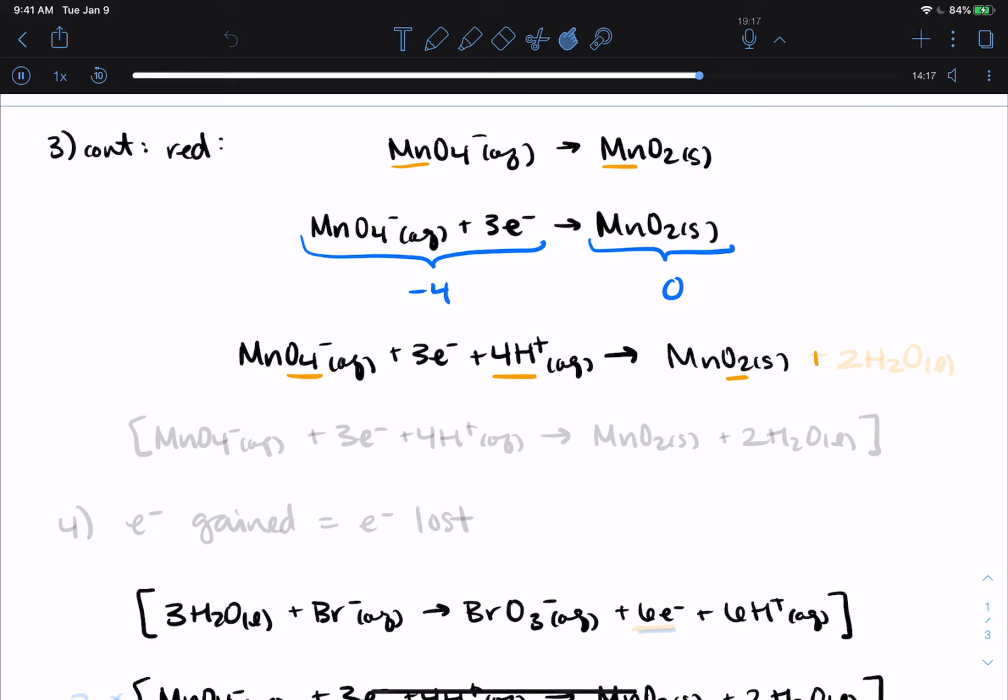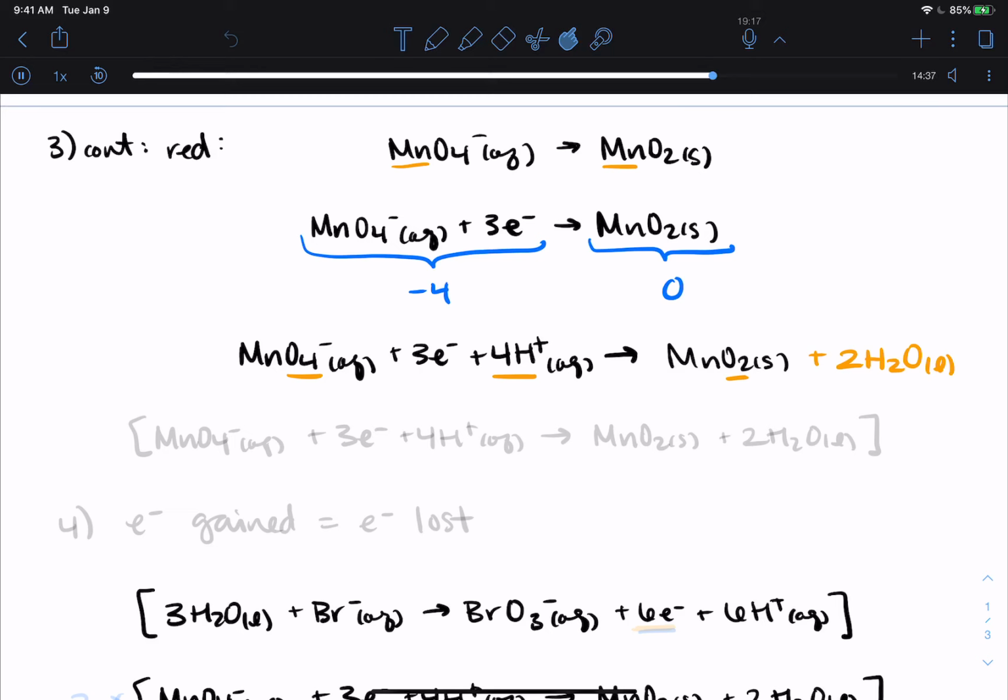So if I add 2 H2O liquid, I now have 4 H's, 2 oxygens here, 2 oxygens there, for a total of 4, and then 4 H's and 4 oxygens on the left. So this is my final result.